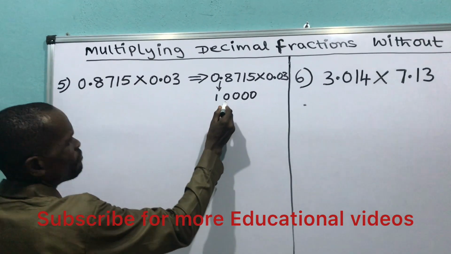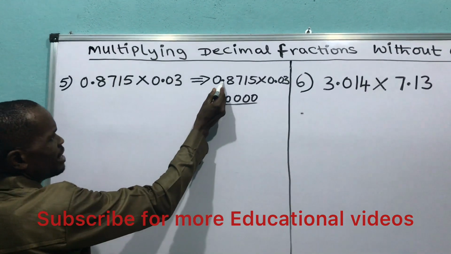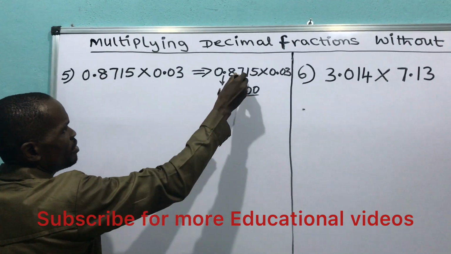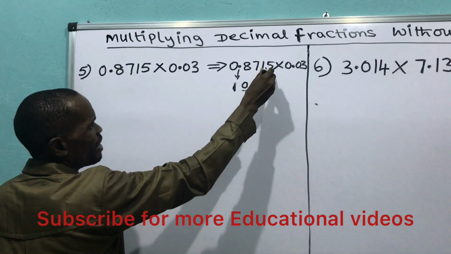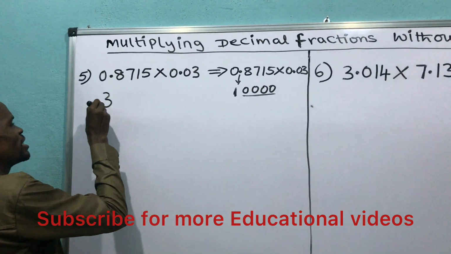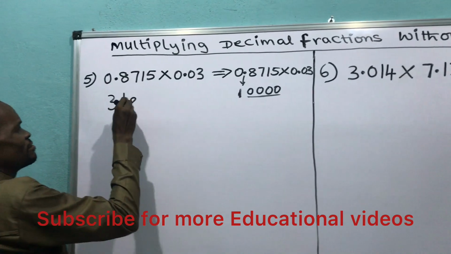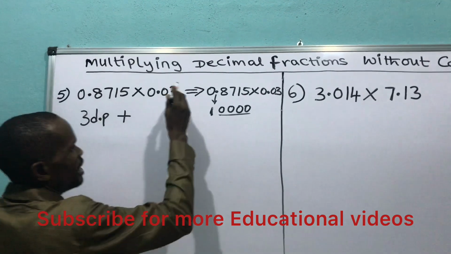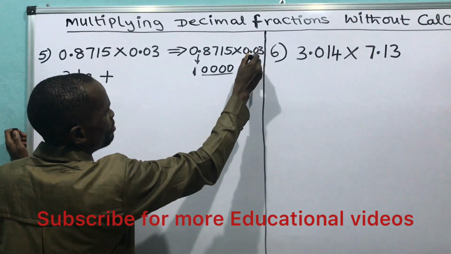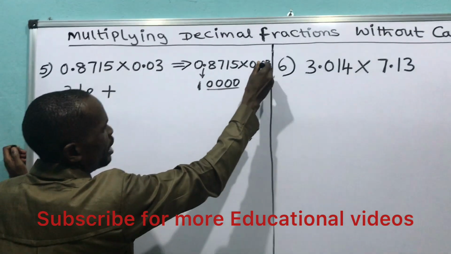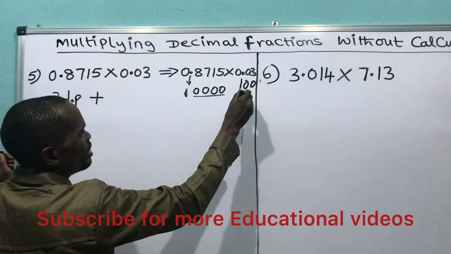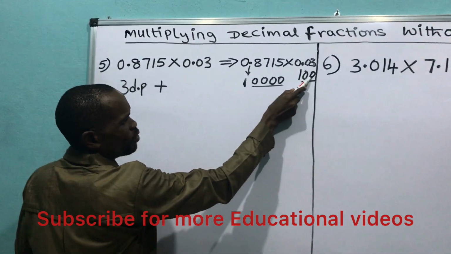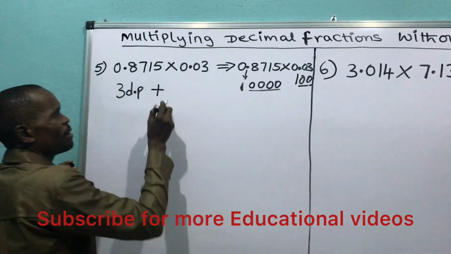That means I have 4 decimal places here. Multiplication in indices means addition. Then 0.03 means this point becomes 1 and 0 is 0 and 3 is 0, meaning that I have 2 decimal places.